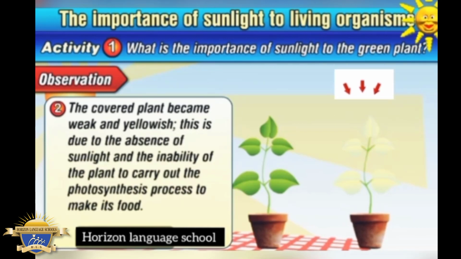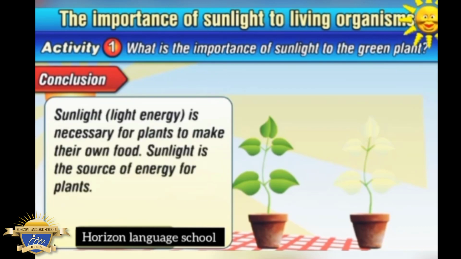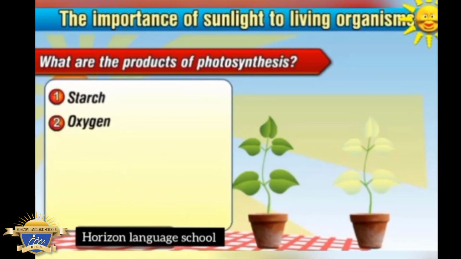This is due to the absence of sunlight and the inability of the plant to carry out the photosynthesis process to make its food. So, conclusion: sunlight is necessary and important for plants to make their own food. From here we see that sunlight is the source of energy for plants.